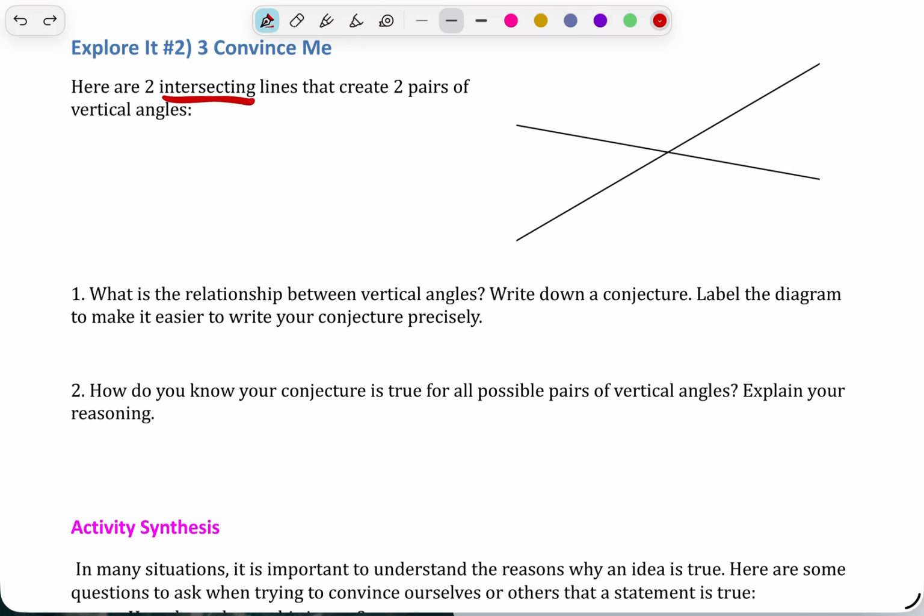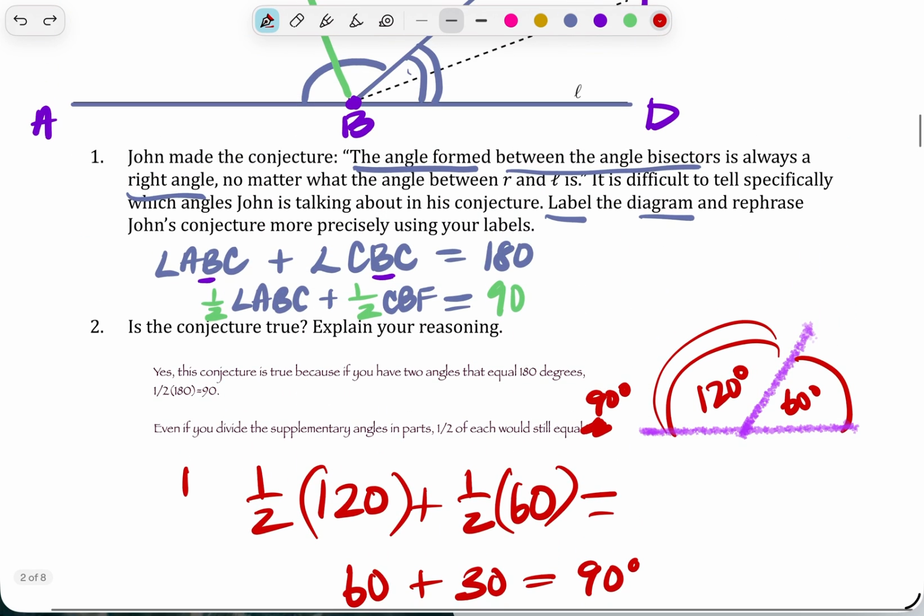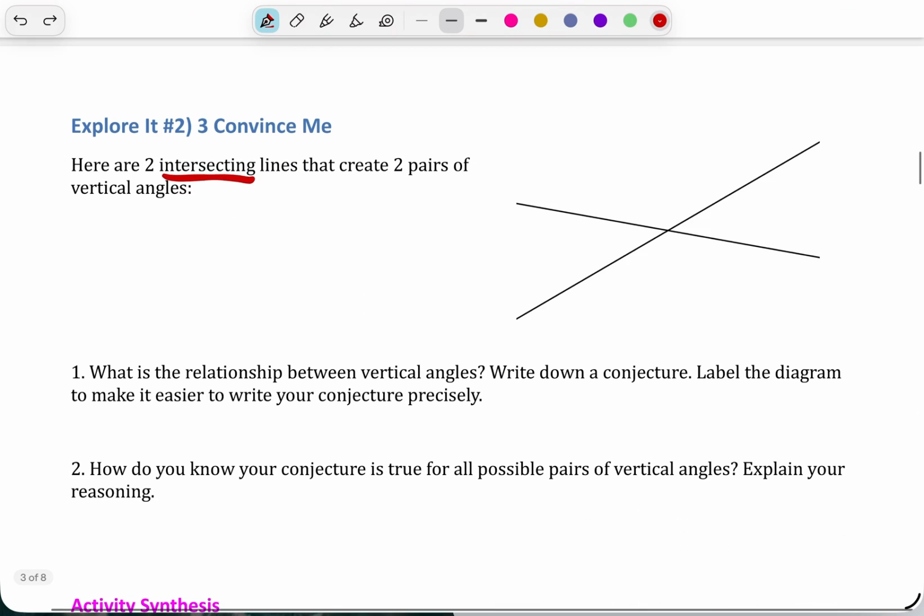Label the diagram to make it easier to write your conjecture precisely. So you could, actually, let's stay with the same system. You could do it A, B, C, D, E. Label letters at the vertex and at the end of these rays.